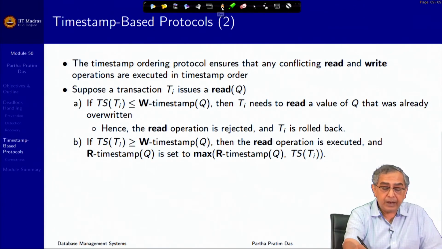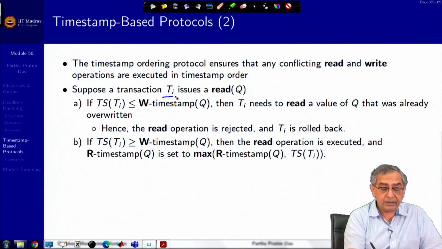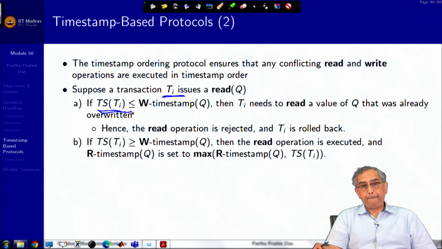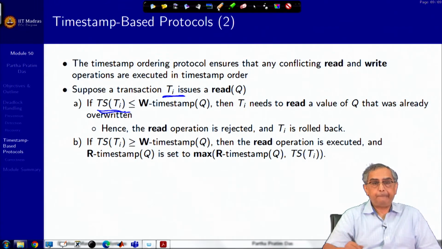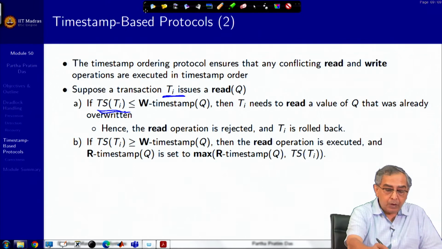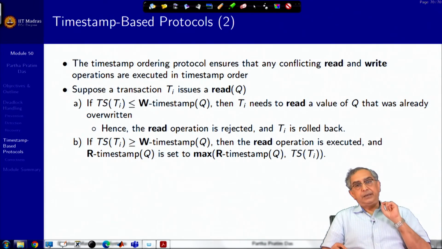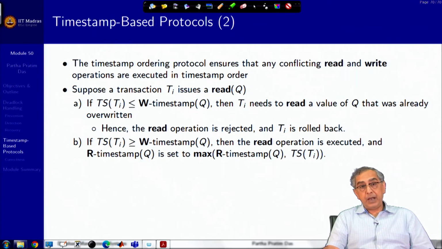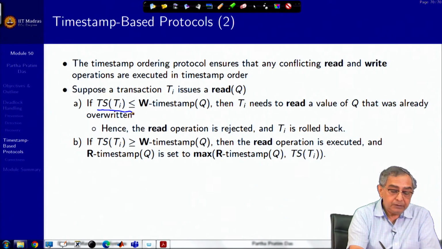Suppose now I have the transaction Ti and it has a timestamp TSi. I want to do a read. Right. Now, when I want to do a read, what do I need? I need to use data which is correct, updated, recent. Right. So, there are two conditions possible.